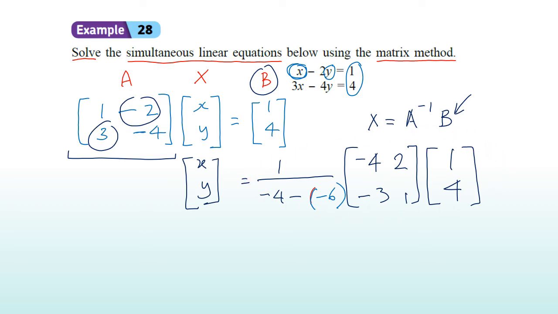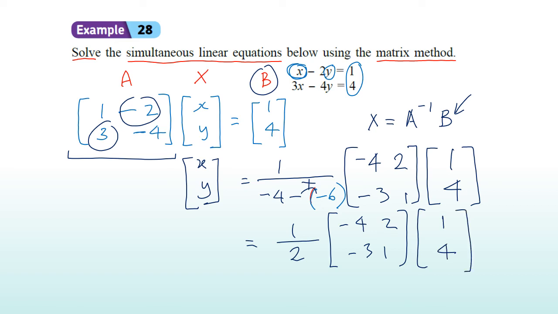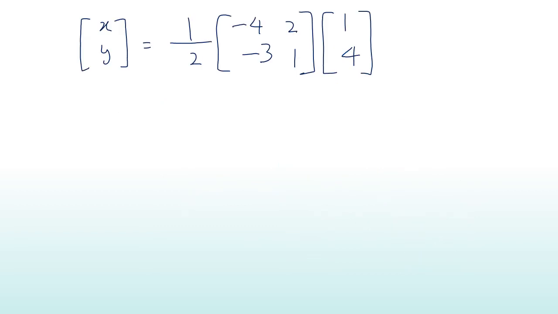Okay, so you'll get negative 4 plus 6 is 2, right? And then this one you just copy back. Okay, so next. If you multiply this 1 over 2 inside here, everything will be divided by 2.